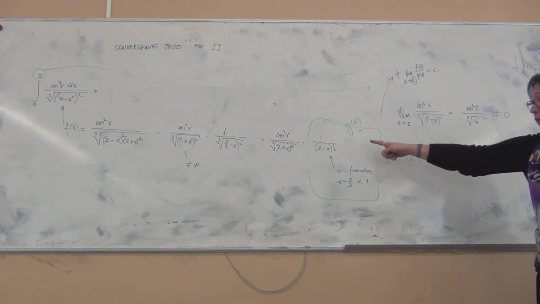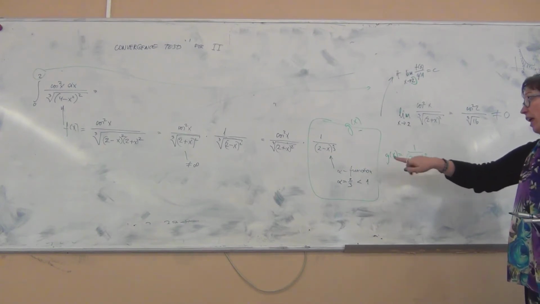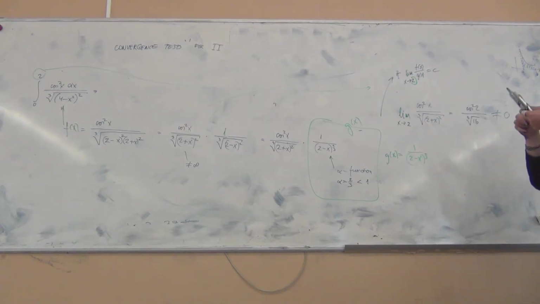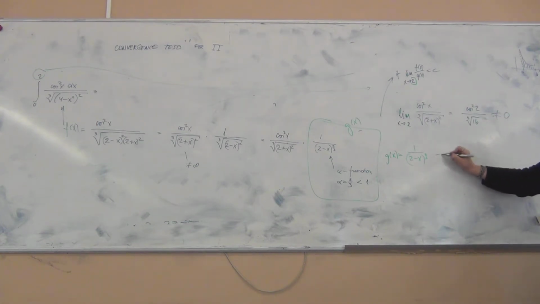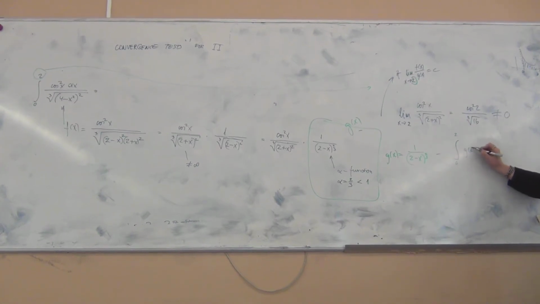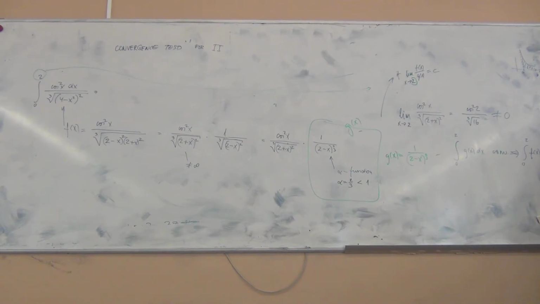And because the g function is an alpha function with alpha less than 1, the integral of the g function converges, and therefore the integral of the f function also converges. So because the integral from 0 to 2 of the g function converges, the integral from 0 to 2 of the f function also converges.